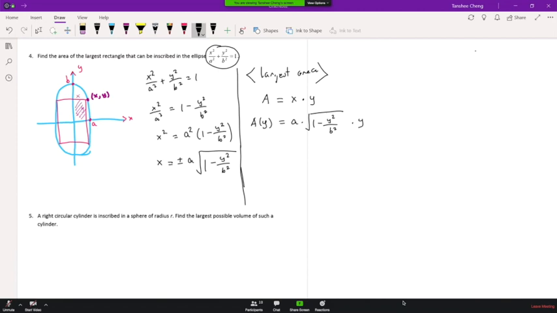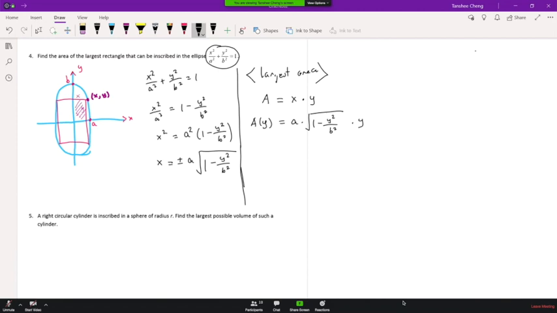So next step, this is going to become a long process and a little bit more difficult to use the first derivative to test it, but we're going to try that. We're going to take the derivative and then find the critical numbers.